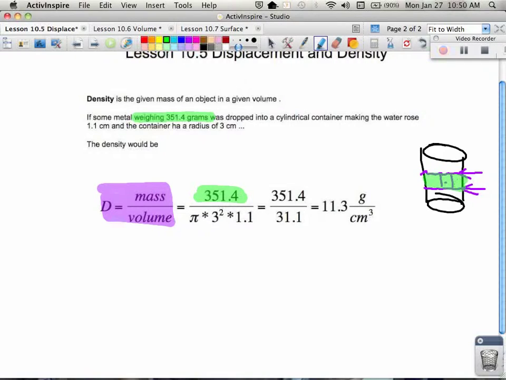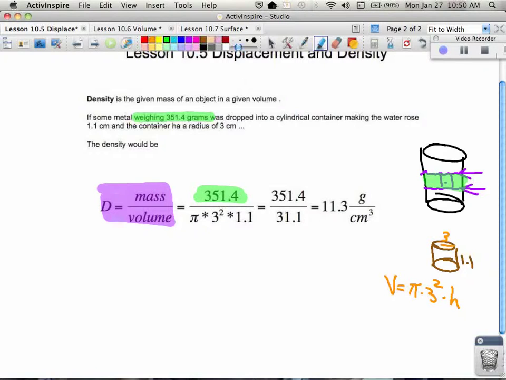So really, you could draw a separate picture if you wanted to, representing that, and say, in effect, that you had a cylinder that kind of looked like this, 1.1, and they also told us that the radius was 3. So then if I want to find the volume, that's pi times the radius squared times the height of the cylinder, or in this case, what the water rose.